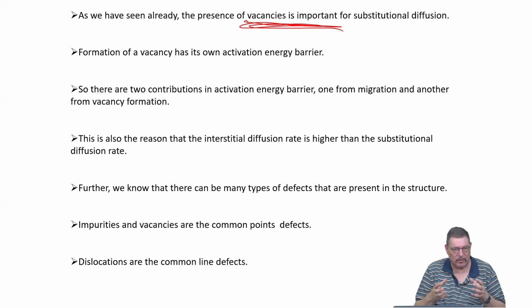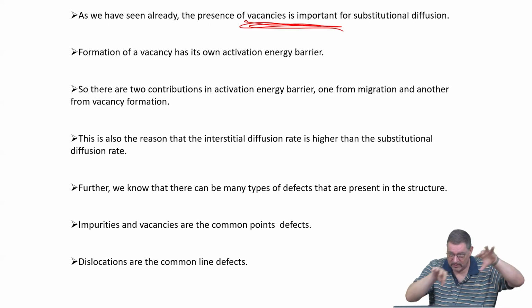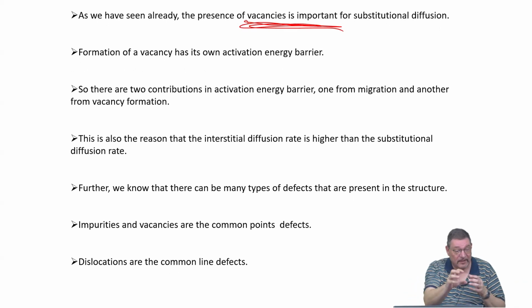If an atom wants to substitutionally diffuse in the lattice from one site to the next, it needs to overcome the barrier between the neighboring atoms, and it needs to have a vacancy there that needs to be created. And to create a vacancy, activation is also necessary.